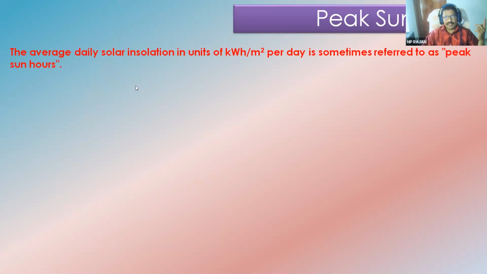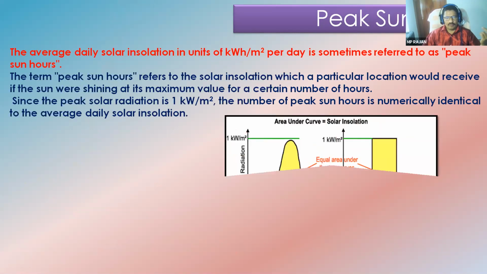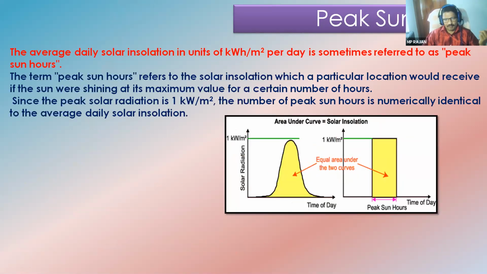Another term: peak sun hours, or sunshine hours. The average daily solar insolation in units of kilowatt hour per meter square per day is sometimes referred to as the sunshine hours or the peak sun hours. This is very important when we are deciding the capacity of the solar panel. Within these 24 hours of one day, at different times we are getting different solar insolation. During the night, in the dark, we are not getting any solar energy.